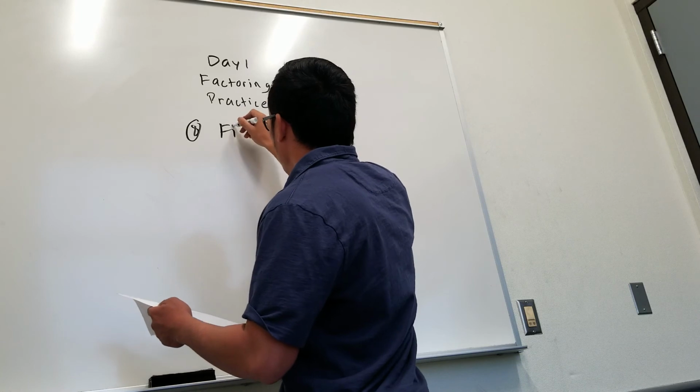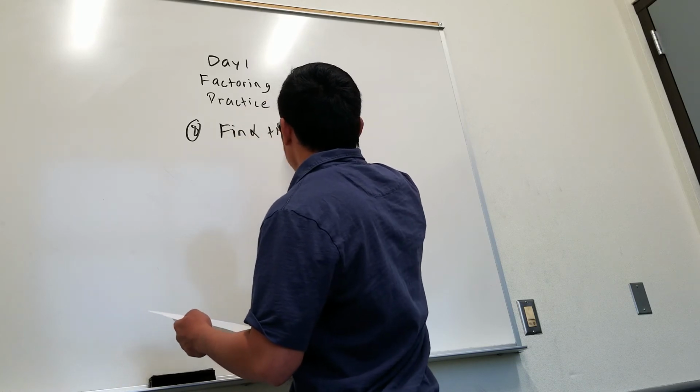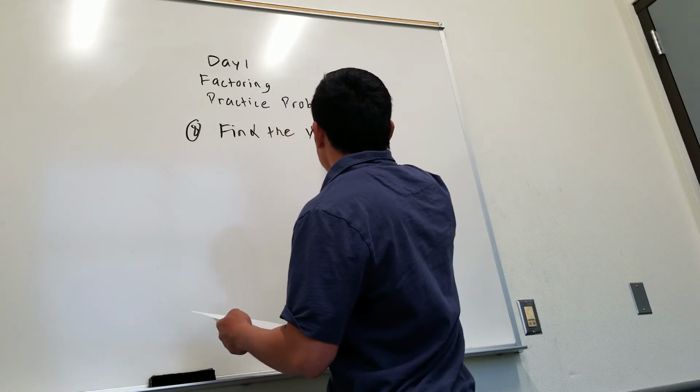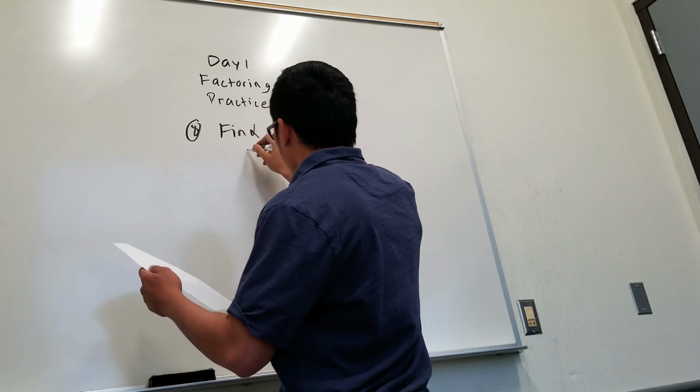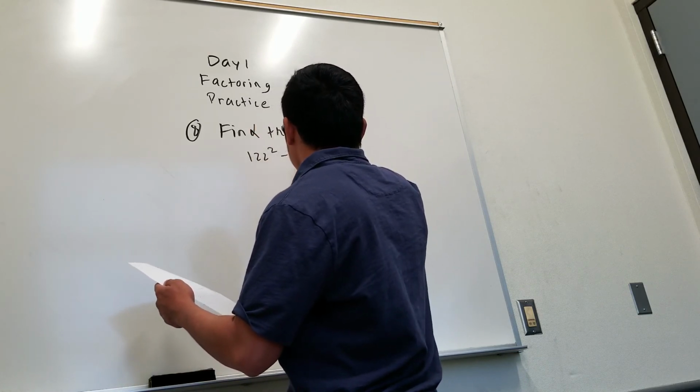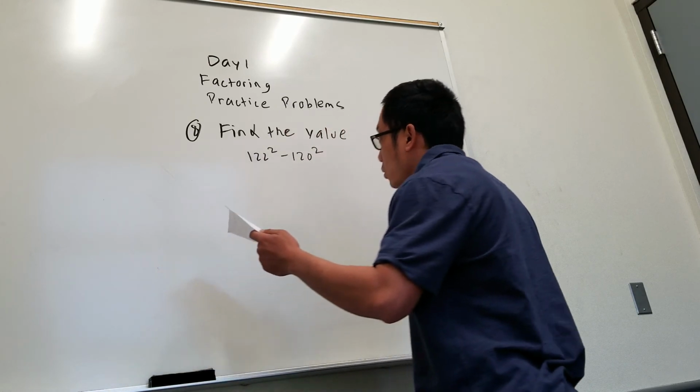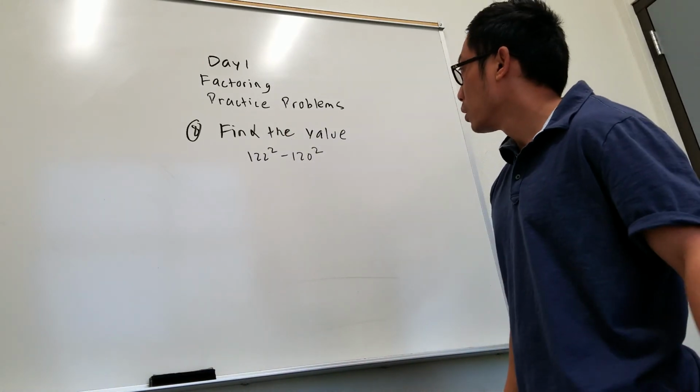Find the value. All right, let's find the value: 122 squared minus 120 squared. Try it out.